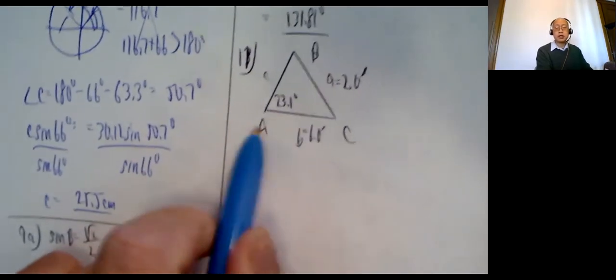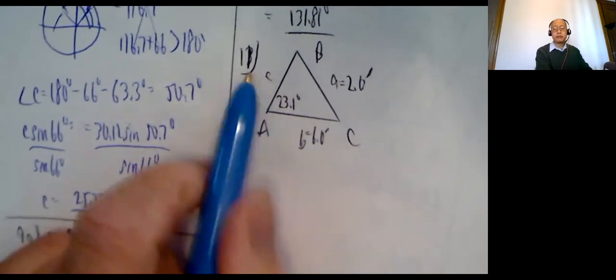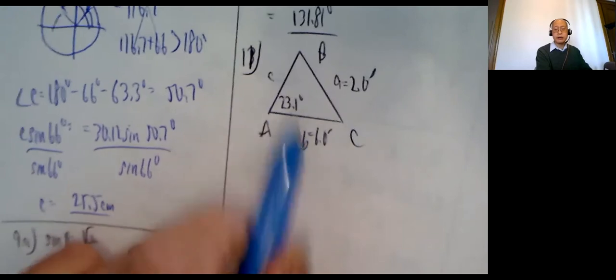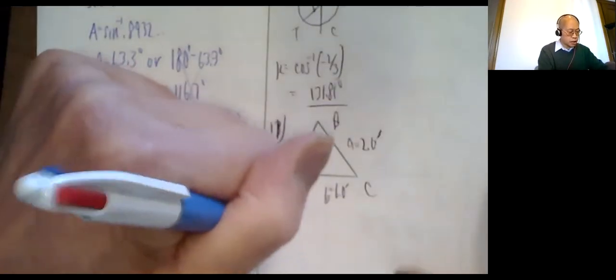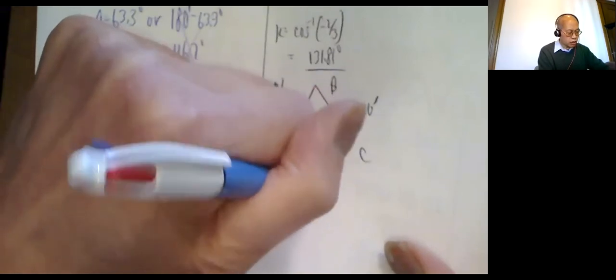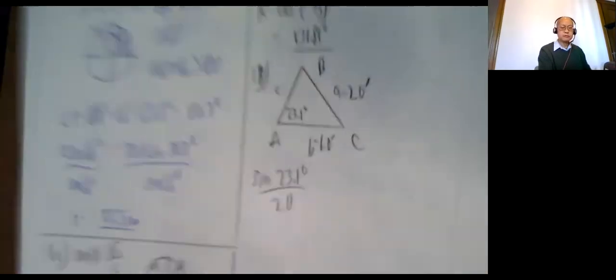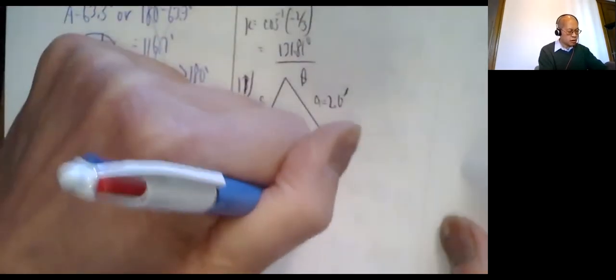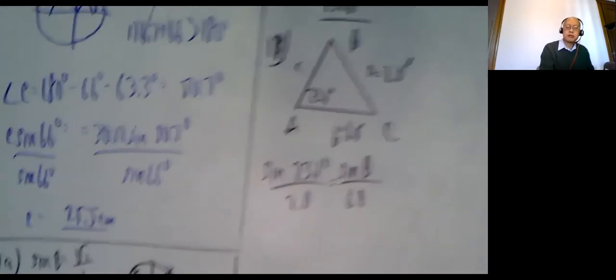Well, let's set up the law of sines. I don't have little c or big C. I do have A with a, and one of the B's. So sine of A over a, sine of 23.1 over 2.0, equals sine of B over 6.0.